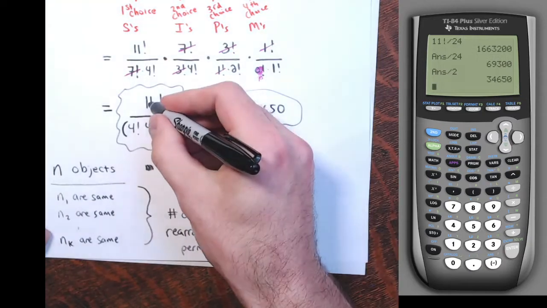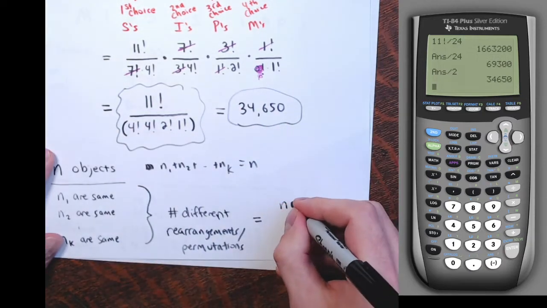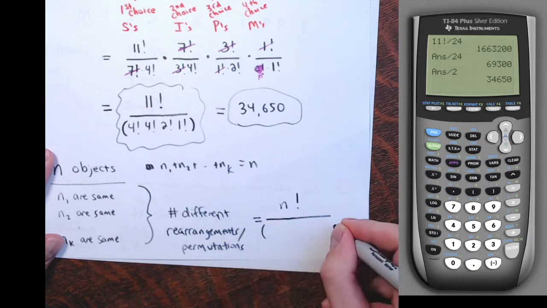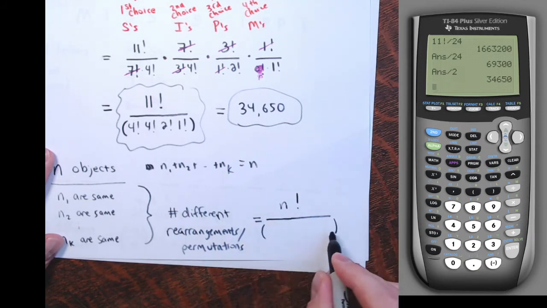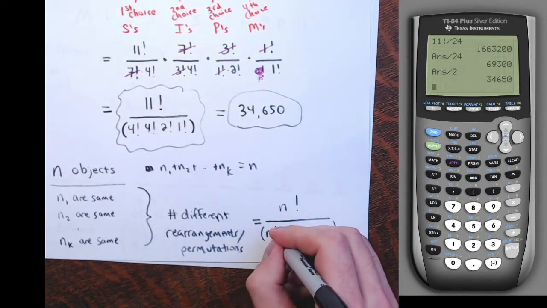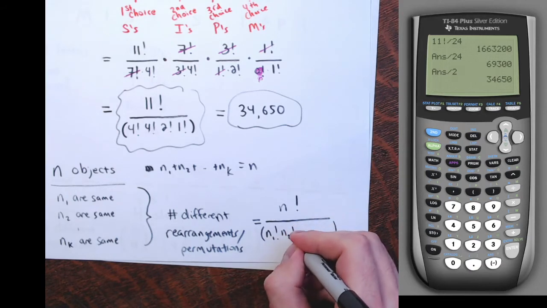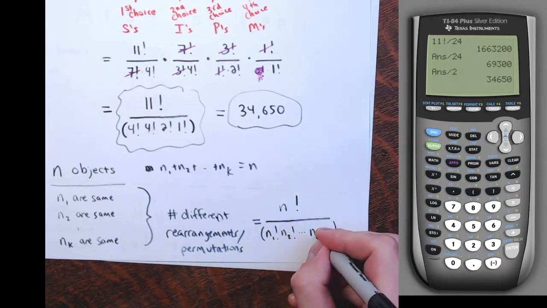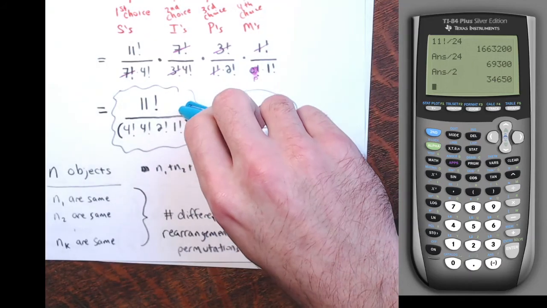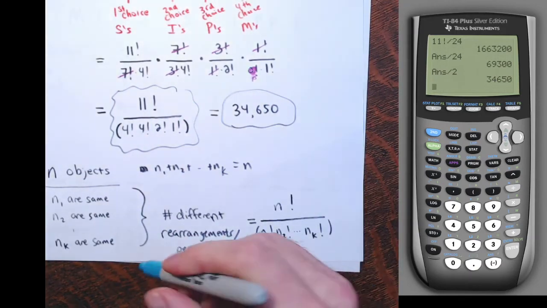The numerator is your number of objects, factorial, and then in the denominator, you have the product of the numbers of objects that look the same, factorial: n1 factorial times n2 factorial, all the way to times n sub k factorial. And this is exactly what happened up here with what I circled here.